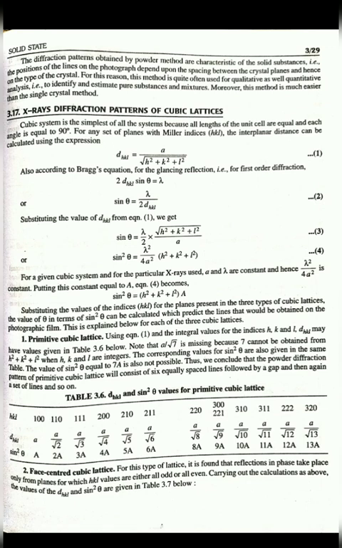The value of sin² θ equal to 7A is also not possible. Thus, we can conclude that the powder diffraction pattern of primitive cubic lattice will consist of 6 equally spaced lines followed by a gap and then again a set of lines and so on. Now this is a table showing d_hkl and sin² θ values of primitive cubic cells.